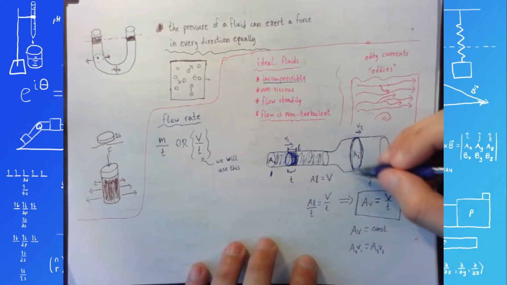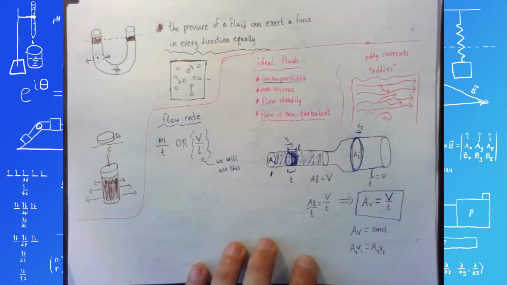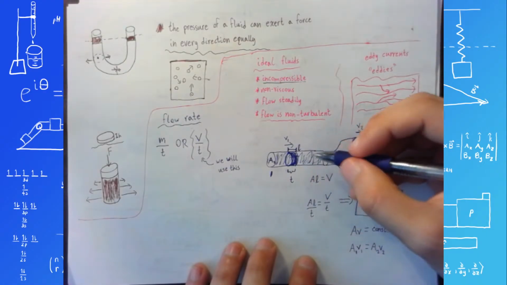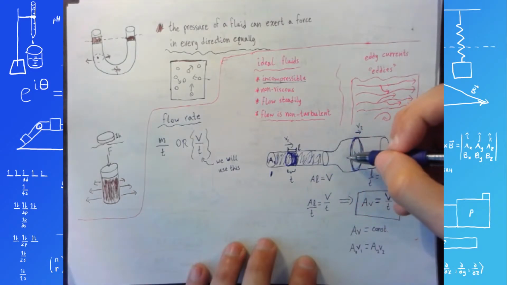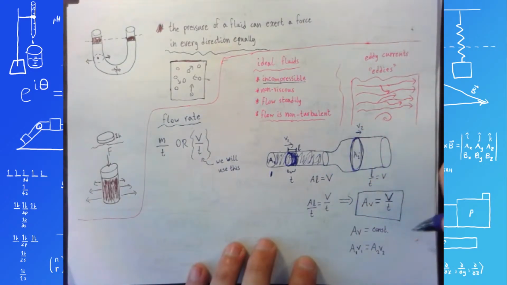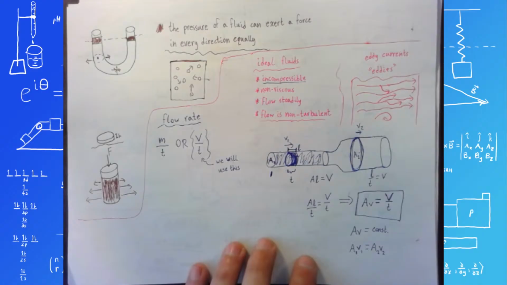Since the area has increased, the velocity will have to slow down here. It doesn't have a choice. If it wanted to go faster, it would need more liquid coming in per second, but the volume of liquid coming in per second isn't changing. So it has to slow down here.